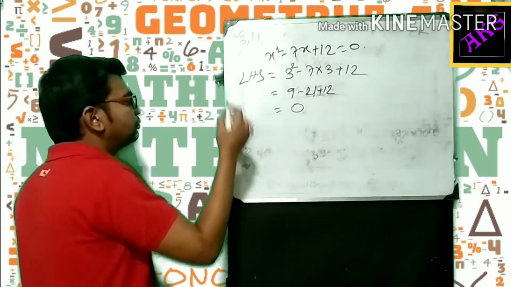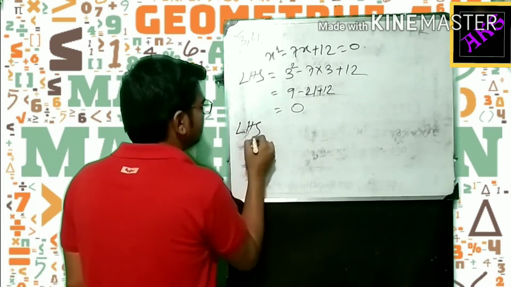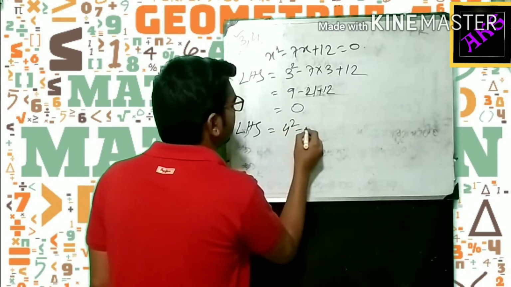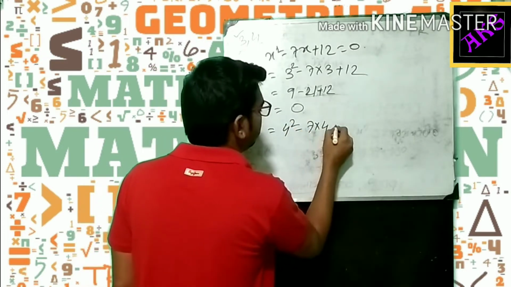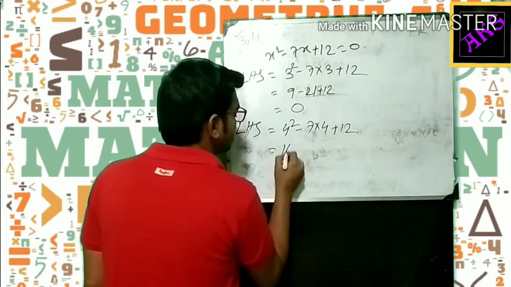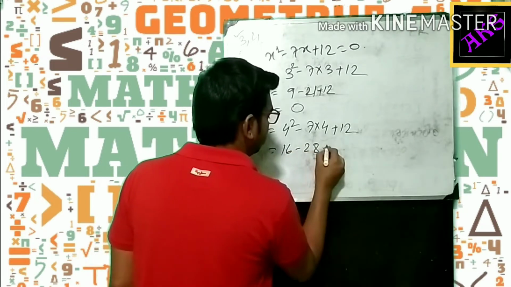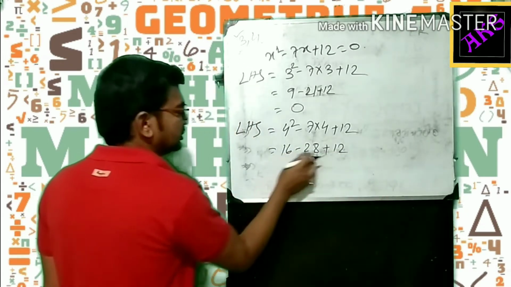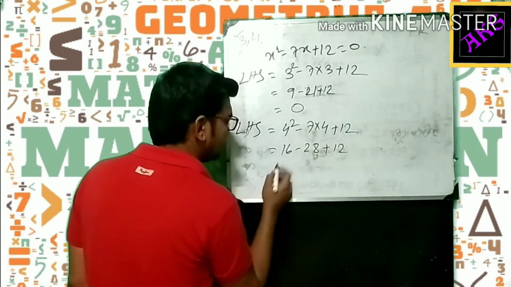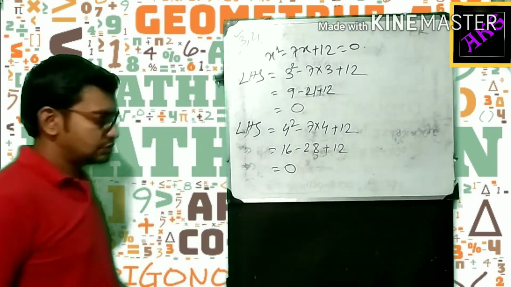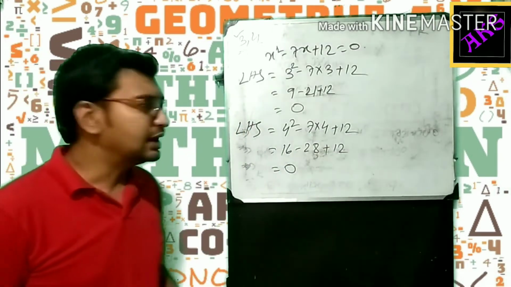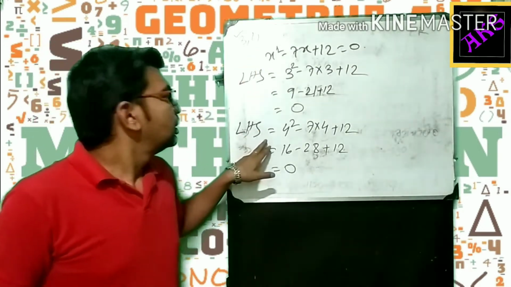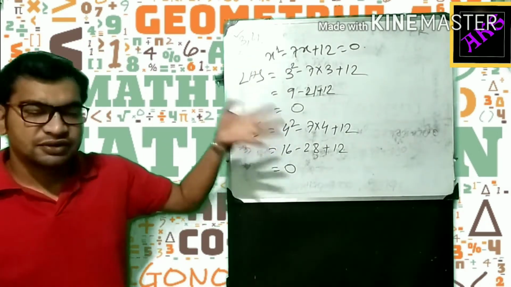Okay, now if we put 4, the LHS will become 4 square minus 7 into 4 plus 12, that is 16 minus 28 plus 12, which is 0. So if we put 4 in place of x, that also satisfies the equation.